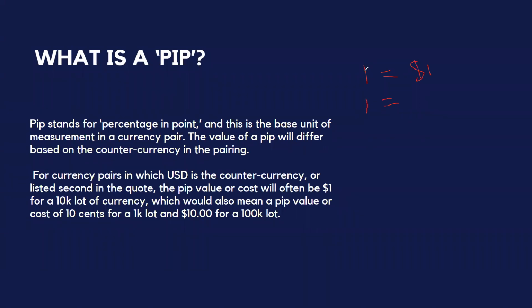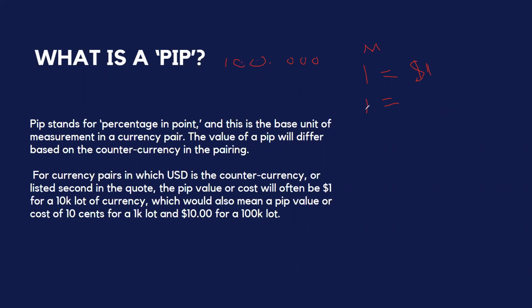So one mini lot size, we are on a mini lot size. The first place we were talking about standard lot size. Now, one mini lot size is equal to $1. And then if one standard lot size was 100,000 units of currency, what about one mini lot size?